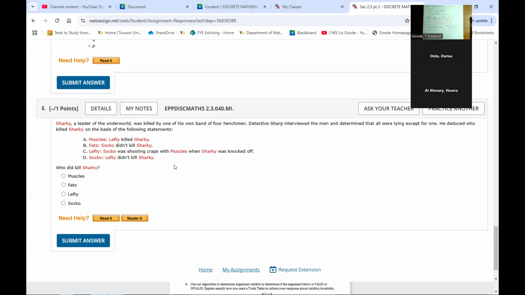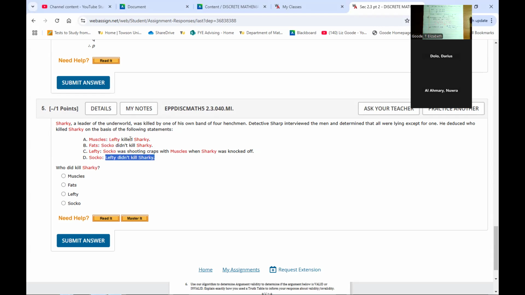So if that's a lie, see, this is what I'm going on. I know that either Muscles is telling the truth or Sacco is telling the truth. Okay, I don't know which, but I know they can't both be lying and they can't both be telling the truth because their statements are contradicting one another, right?